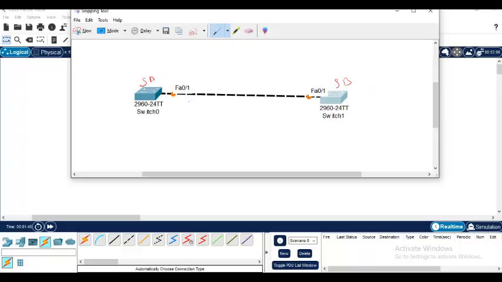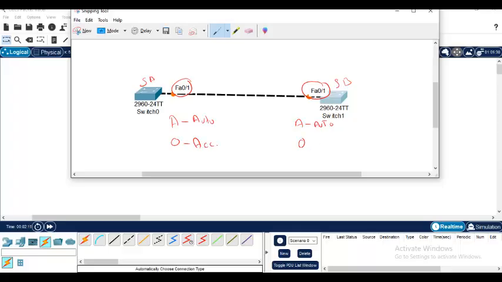Right? What you should be expecting to see there is administrative mode will be auto. Operationally, what you can expect is access. Let's go and see this, okay? This is what you should see there.